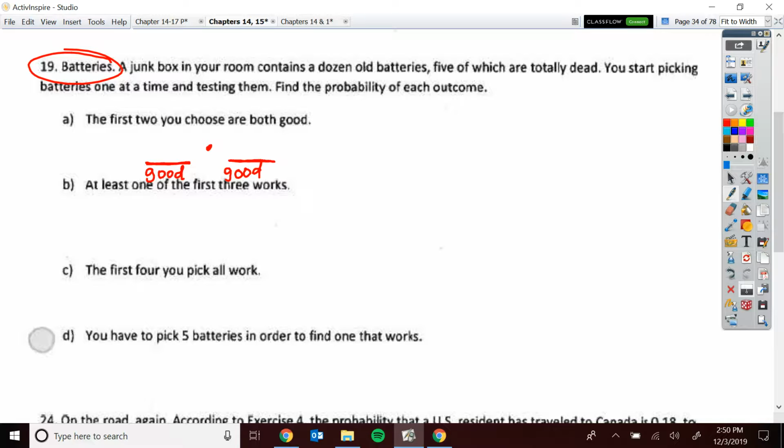Is there a question you're wondering before you can do your numbers? So what's the probability of it being good? How many were good? 7 out of the 12. So you start picking the batteries one at a time and testing them. Once I test one, what's going to happen? I'm going to put it away because it's tested.